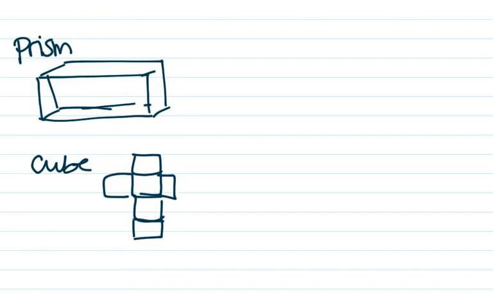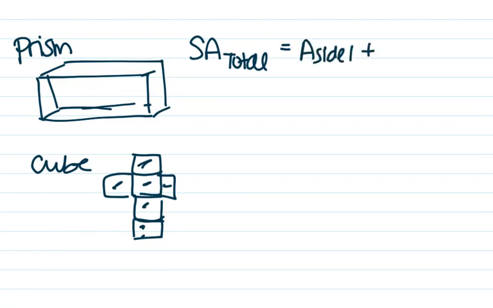So to find the surface area, we need to find the combined area of all the 2D shapes in the net. So we find the area of each one of these shapes, add them together, and that's the surface area. So the total surface area of a prism equals the area of side 1 plus the area of side 2 plus the area of side 3, and so on until we've taken the area of all the sides and added them together. And that's the total surface area.